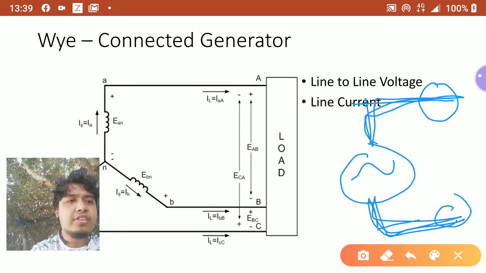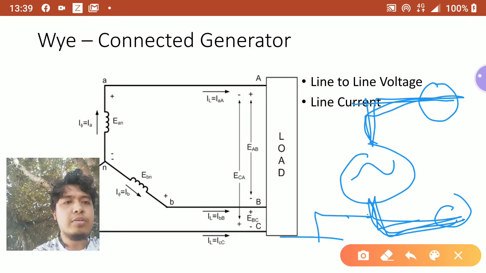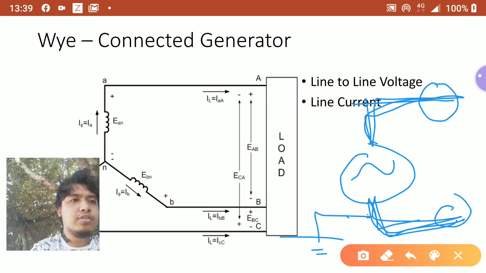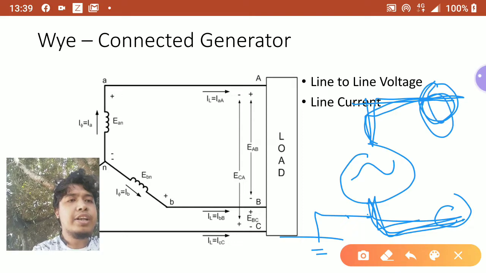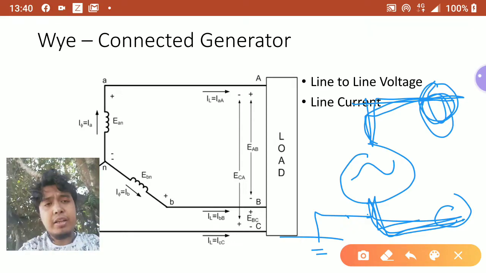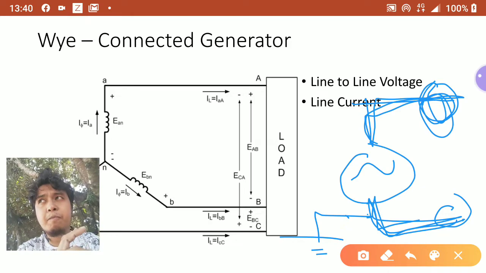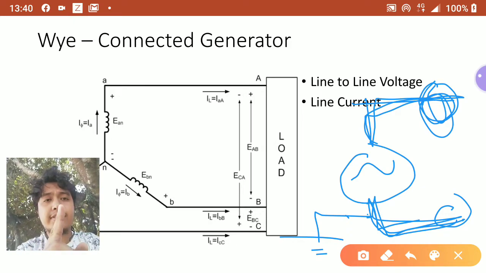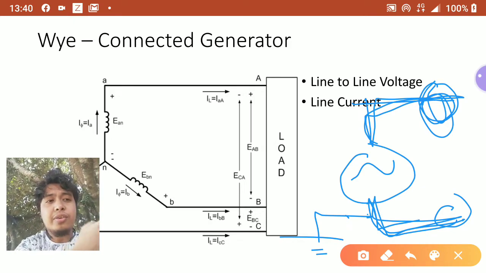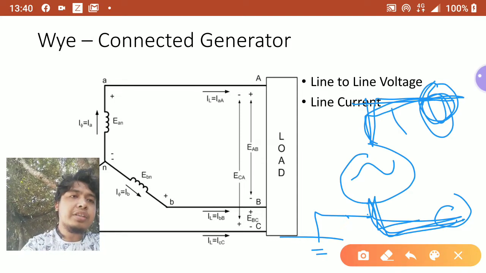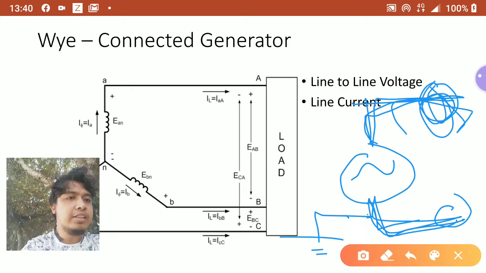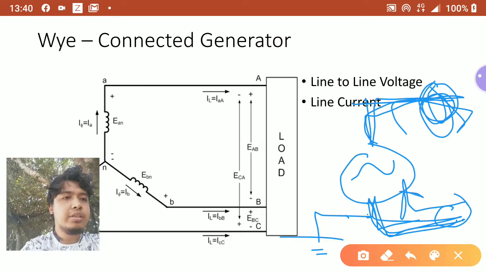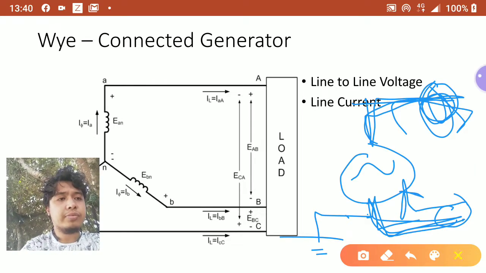Sometimes this line is grounded, sometimes this one is grounded, so the voltage is between your line to ground, but still it's between two nodes. Then you have a current here that is basically the same as the current here, going back to the source.